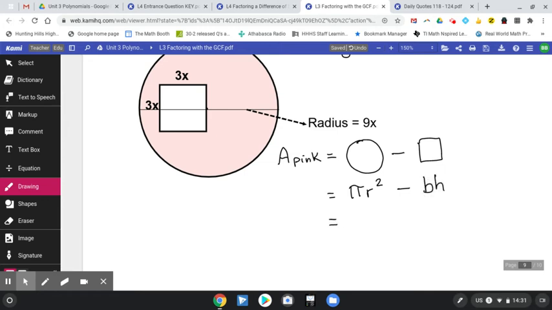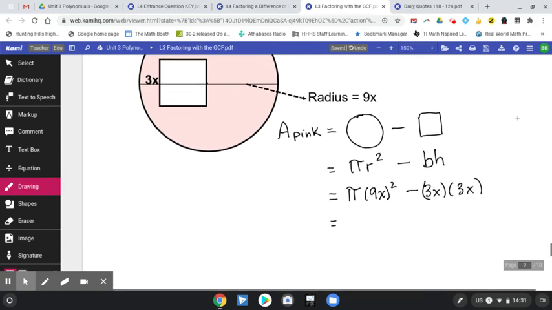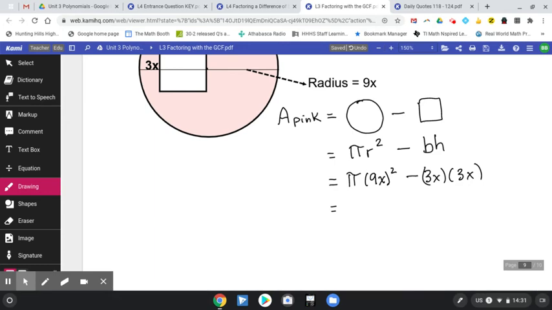And now my substitution. Pi, and it says the radius is 9x. And for the square, 3x times 3x. So what I need to do here is I'm going to expand it out so it would be just how we used to answer these questions.